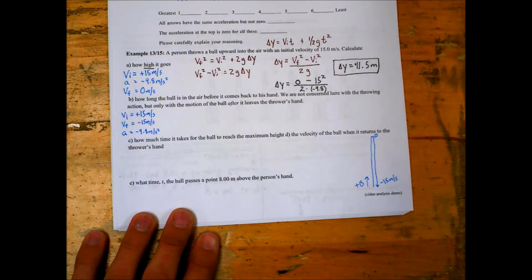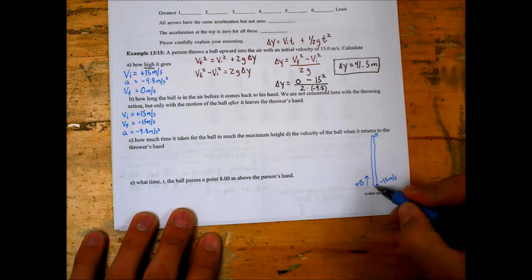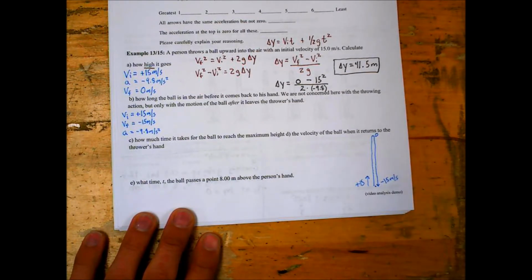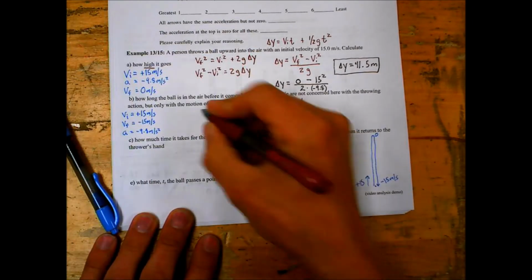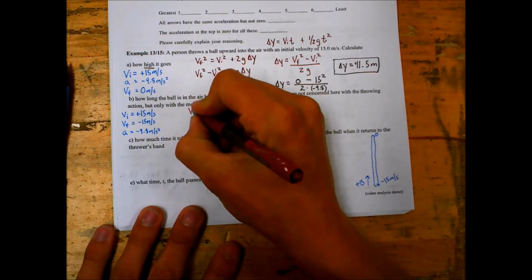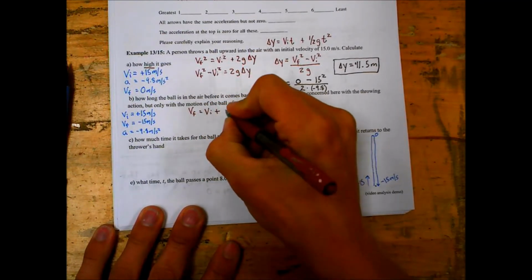Okay, all right, now there's one thing we also know here. We do know delta y. What is delta y? It's back where it started, so what's delta y? 0. Now I don't need that for my equation because I'm just going to use VF equals VI plus AT.